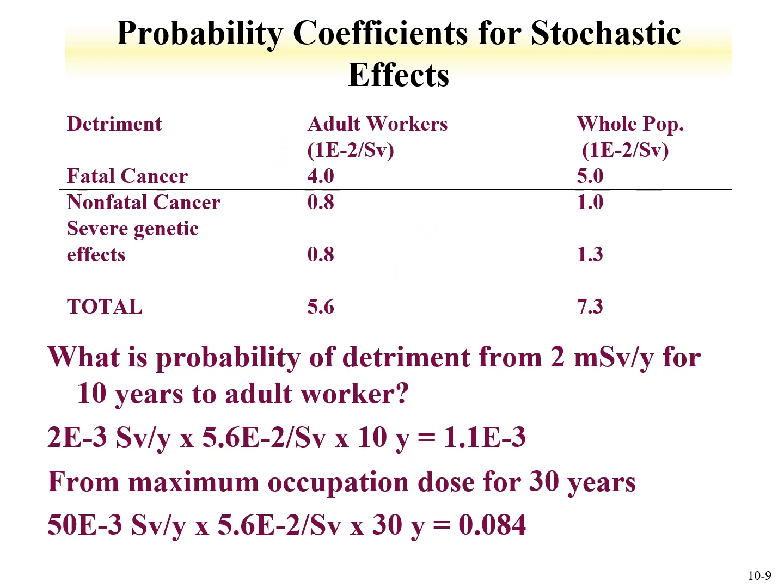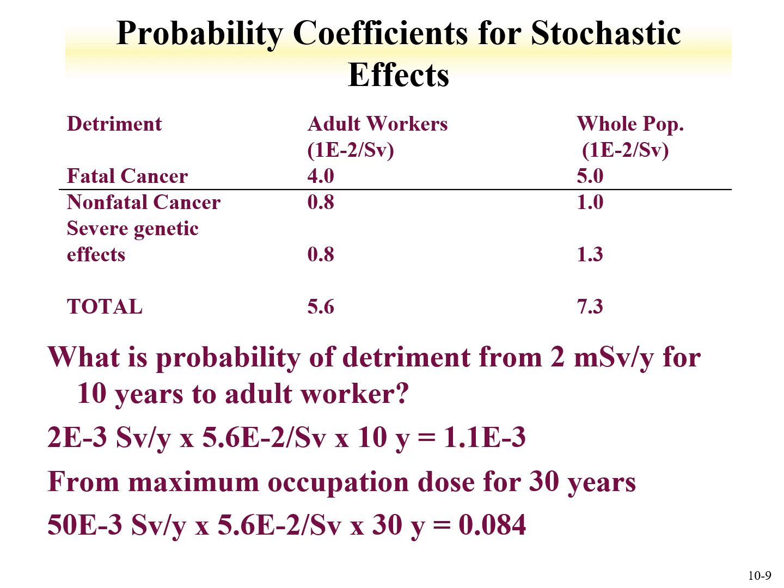So for instance, what is the probability of detriment for 2 millisieverts per year for 10 years to an adult worker? If we have 2 millisieverts per year times 10 years times 5.6 times 10 to the minus 2 detriment per sievert, which is given from this value, we get this value, which is basically the increased risk of having some detriment.